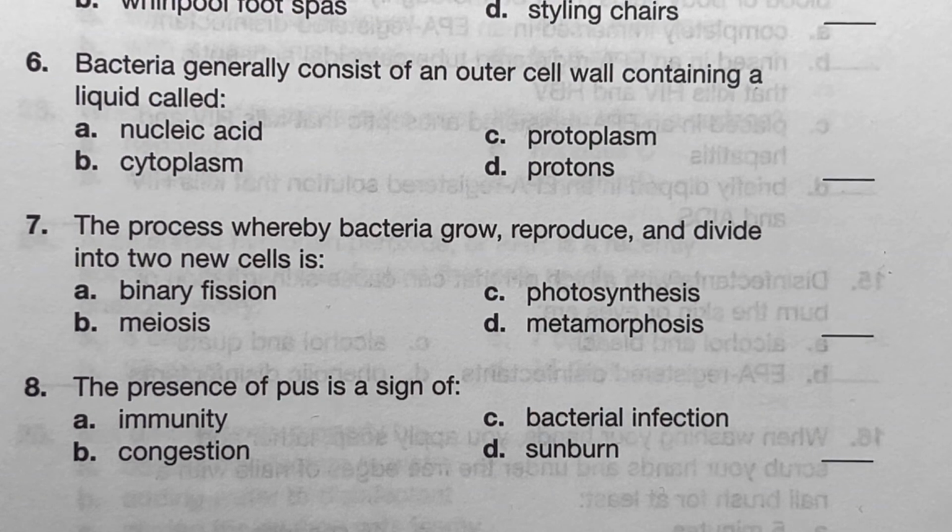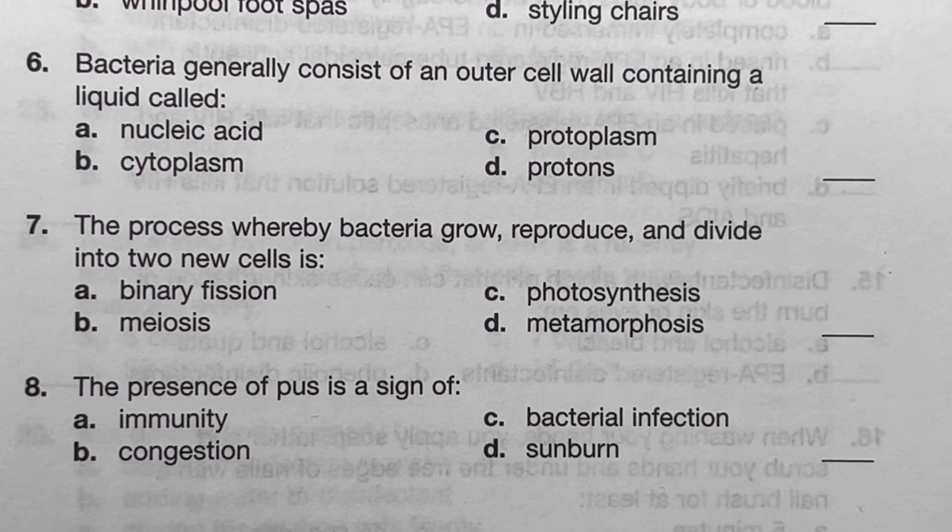The process whereby bacteria grow, reproduce, and divide into two new cells is A. Binary fission, B. Meiosis, C. Photosynthesis, D. Metamorphosis. And the correct answer is A. Binary fission.